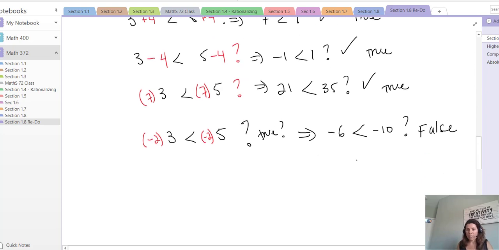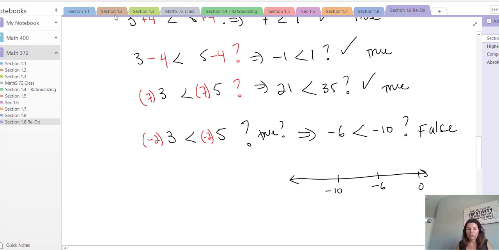You can see that on the number line. If I put -6 on the number line, where is -10? -10 is going to be to the left of it, and 0 is somewhere over there. Remember, with negative numbers, the further you are from 0, the smaller the number.